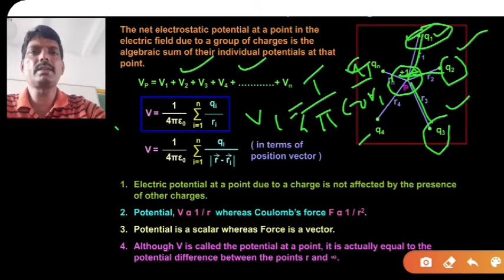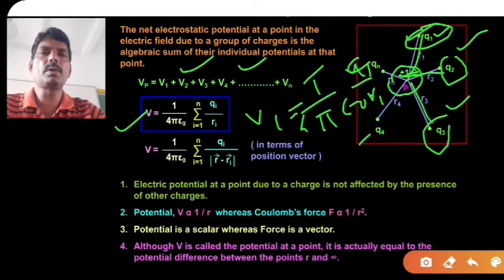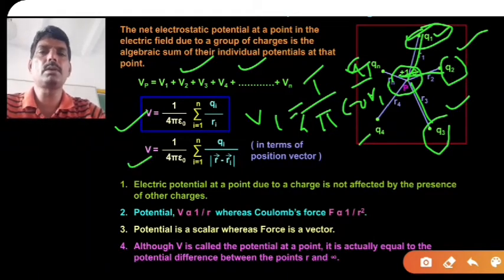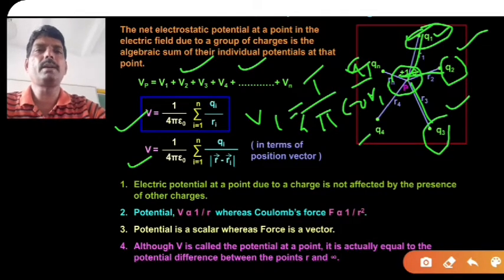So I can write in summation form, potential V is equal to 1 upon 4 pi epsilon naught summation over i is equal to 1 to n Qi upon Ri. And in vector form you can write V is equal to 1 upon 4 pi epsilon naught summation over i is equal to 1 to n Qi upon modulus of R minus Ri. You can write this in terms of the position vector.